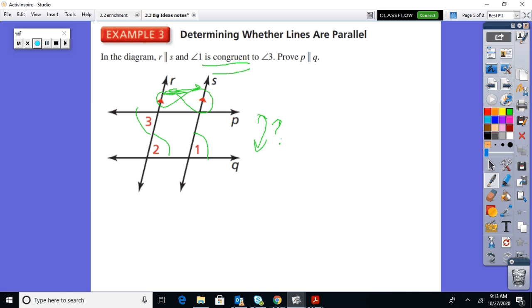That was given up here in this information. So now, if 1 is the same as 2, and 2 is the same as 3, then of course that's going to prove that these lines are parallel because of the converse of alternate interior angles. So now let's make it pretty.